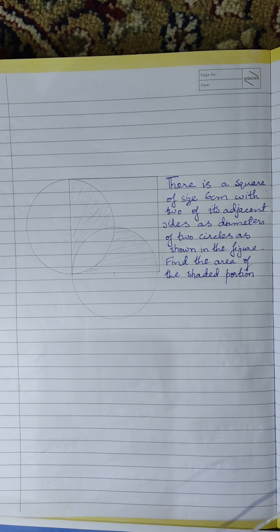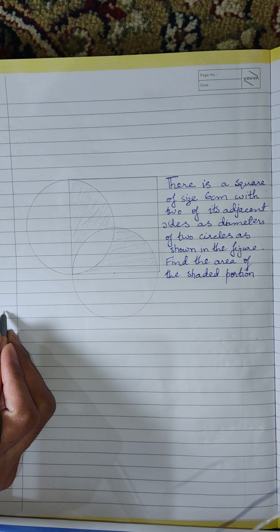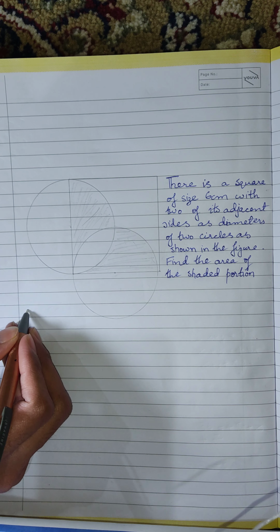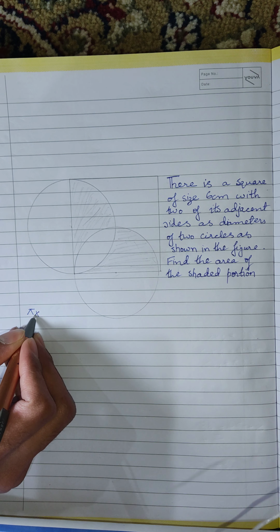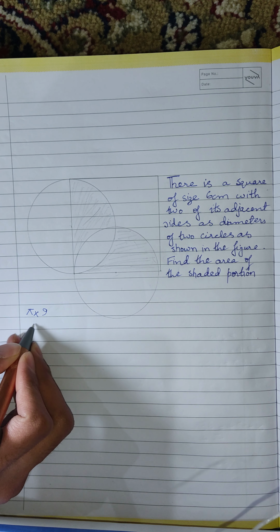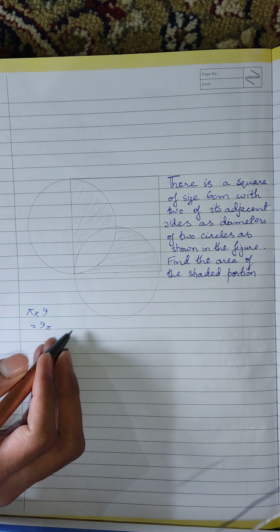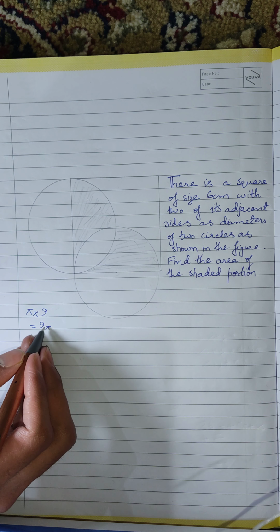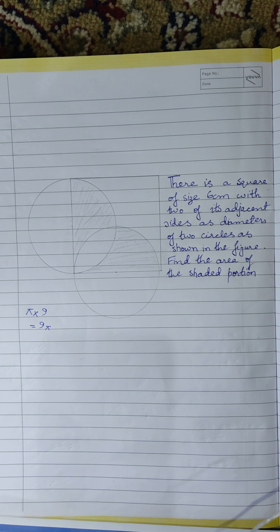So the area of this whole circle is pi r square, equal to pi into 3 square. What is 3 square? 9. Pi into 9. 9 pi is the area of this circle. So the area of the semicircle is 9 pi by 2.